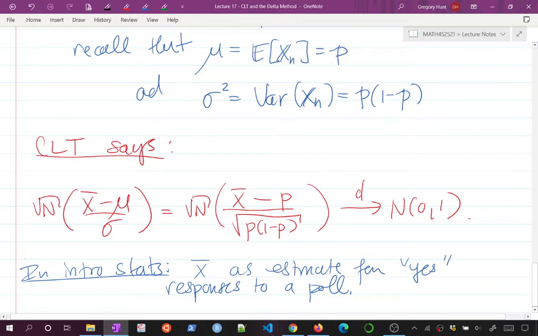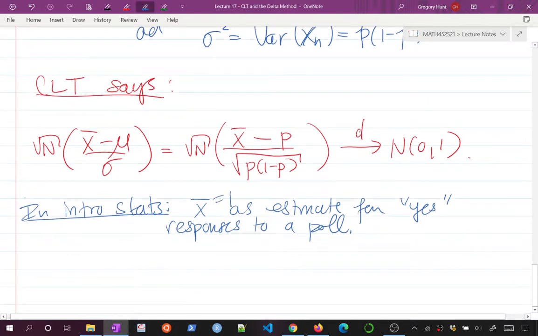In that calculation, if I encode yes as 1 and no as 0, that proportion is just x bar, right? X bar is the sum of the ones, the sum of the yeses, over n. So that's the sample proportion, you might call it. Often this will be called p hat in intro stats.